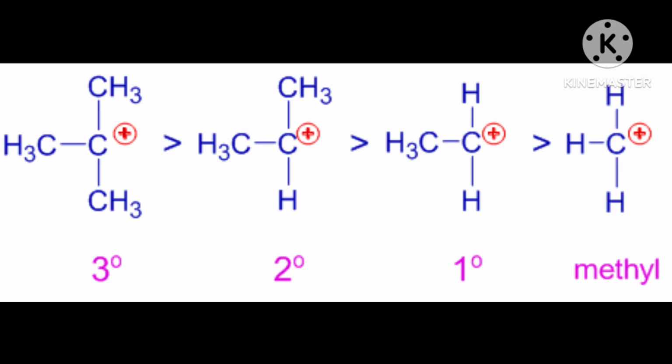This shared pair of electrons is the bond between carbon and sulfur. That bond will break, and who will take these electrons? The electronegative atom. In comparison to carbon and sulfur, who is more electronegative? Sulfur is more electronegative.